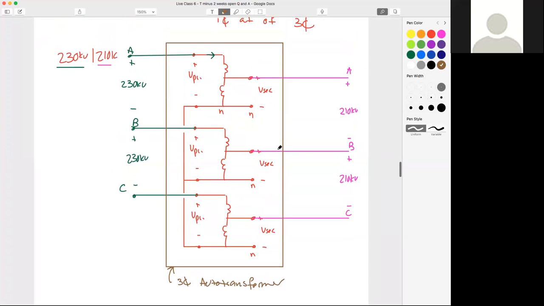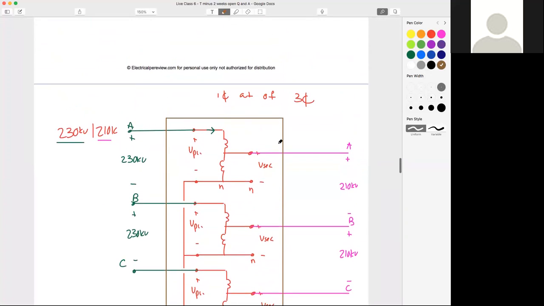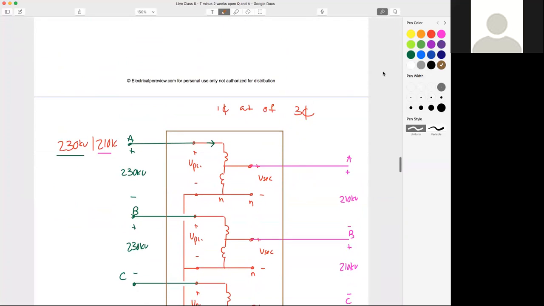So when we look at the single phase equivalent circuit, or if we look at just one out of the three, so when we're looking at a single one out of the three, we have to make sure we use what?